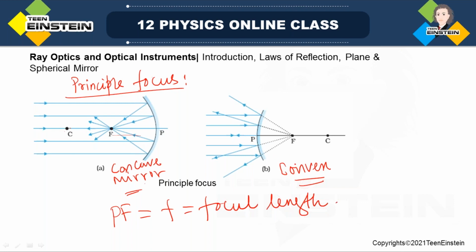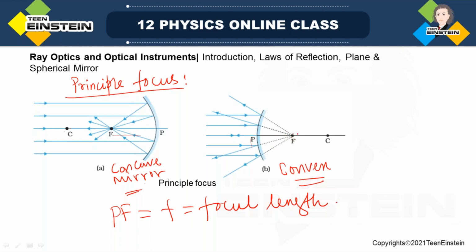All right. In case of a convex mirror, look what happens when a beam of light parallel to the principal axis is incident on a convex mirror. After reflection, it appears to be diverging from a point on the principal axis. They are not really diverging from there, but they appear to diverge from a point on the principal axis.